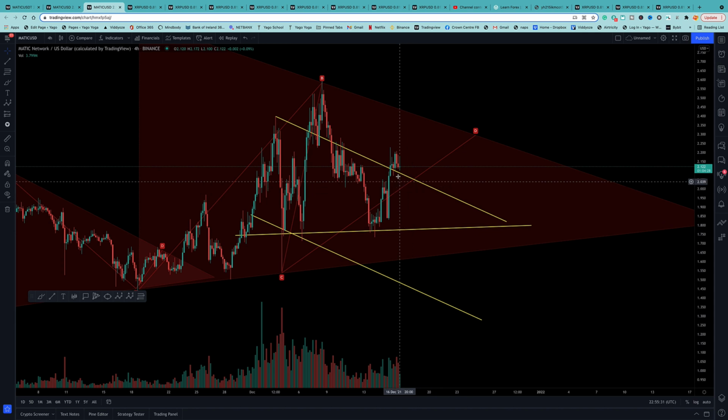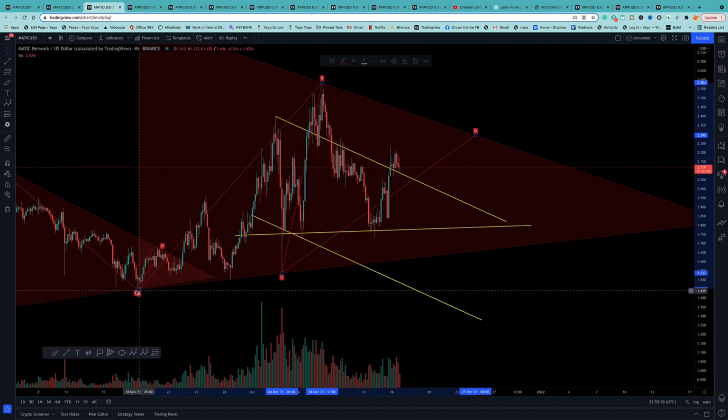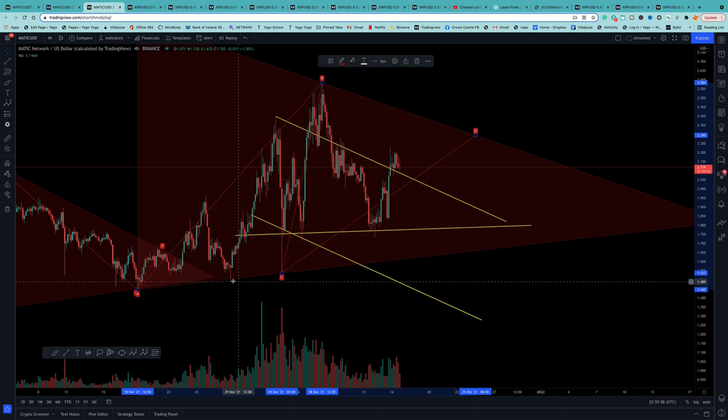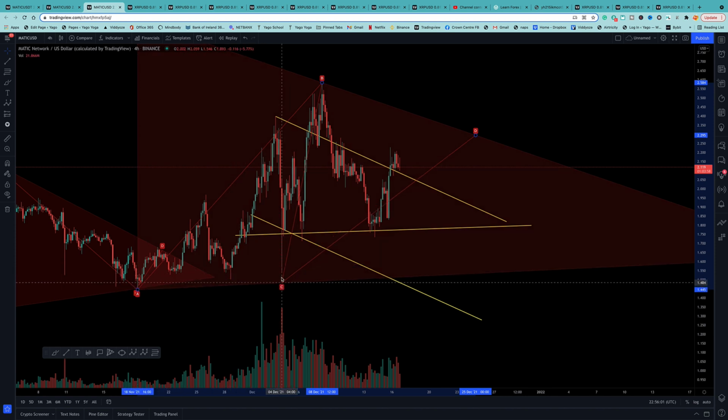You're spot on. So now again, it's quite possible that it will come back in. I think it will come back into this channel. And again, you might find that this support here stops it, or you might find that it gets a spike through. Now look at the touches here on this arc. 1, 2, 3.